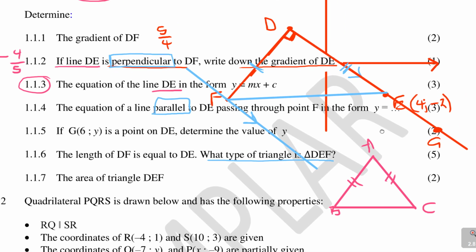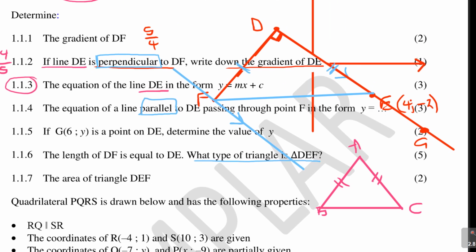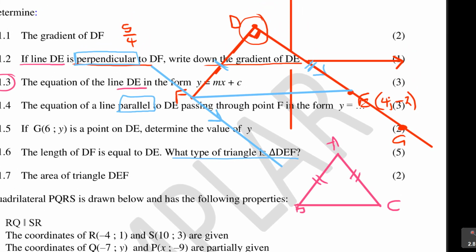Now, not complicated also. Why? Because they told us the hint that it is perpendicular, 90 degrees. Remember, an area like that, you can choose whatever you want.